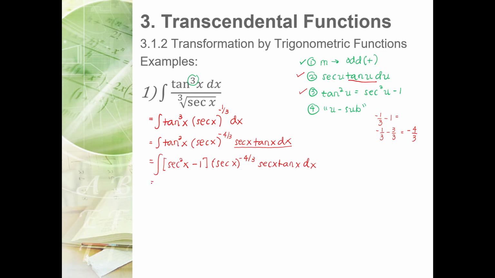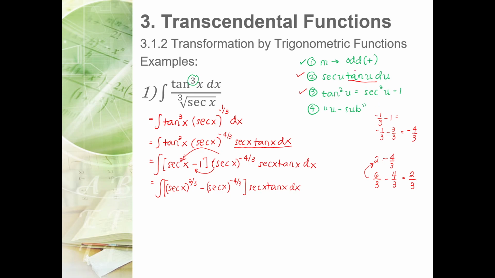We need to expand, so multiplying. 2 plus negative 4/3, so 2 minus 4/3, so again 2 is 6 over 3, minus 4/3, so this will be 2/3 now. So for the first term you have secant x to the power of 2/3, then minus secant x to the power of negative 4/3, secant x tangent x dx.